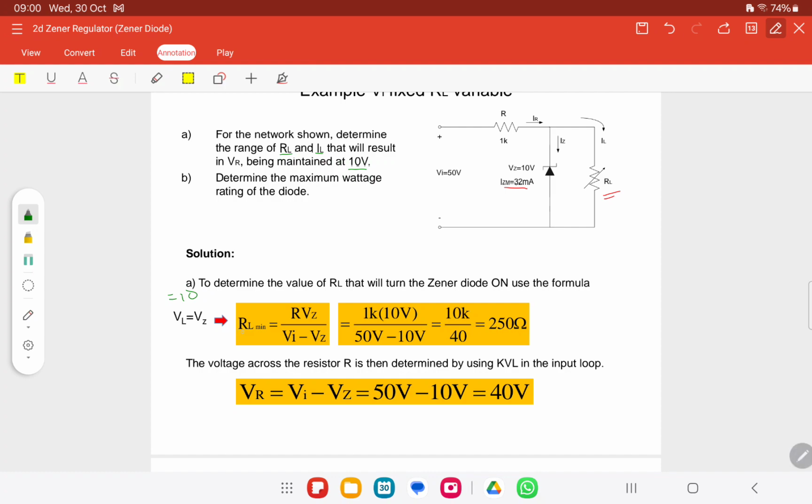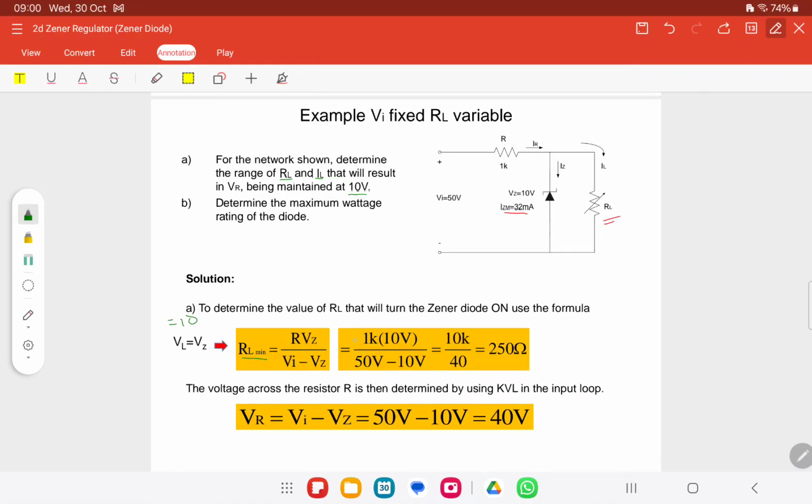Okay, so from there kita boleh dapat RL min from the given value. R is the R yang atas tu RS. Okay, multiply with the VZ ataupun VL over the VR. Okay, so dapat this is minimum value.